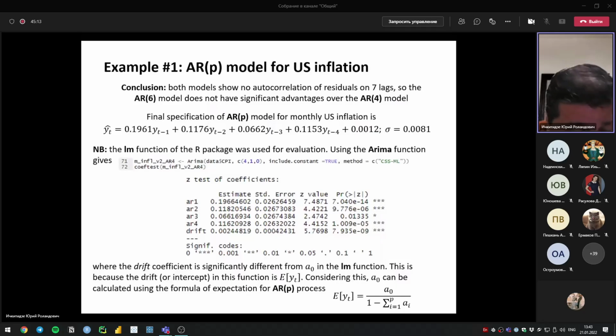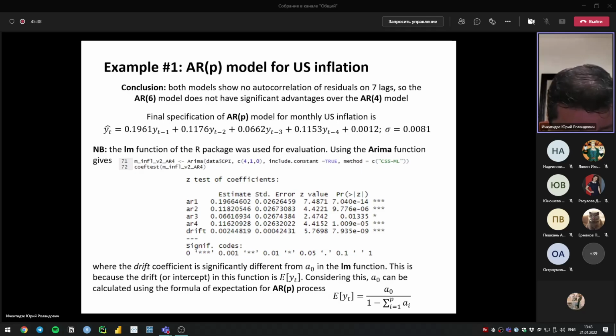You need to carefully read the help for the ARMA function in R, and then you will see that in the ARMA function, under the drift coefficient or intercept, depending on which query you enter, a sample mathematical expectation for the analyzed series is presented.